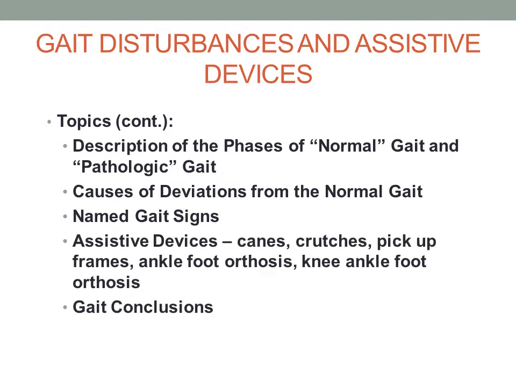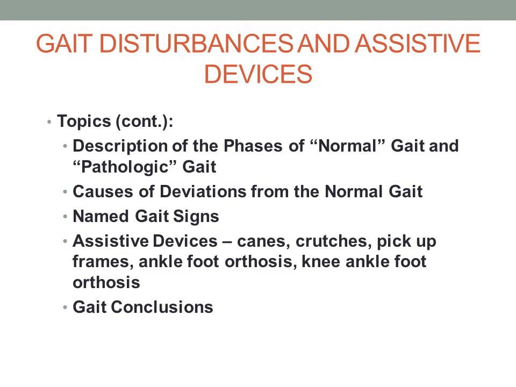We then move into a discussion of assistive devices, because the AMA guides talk quite a bit about assistive devices and the need for assistive devices in the permanent impairment determination.